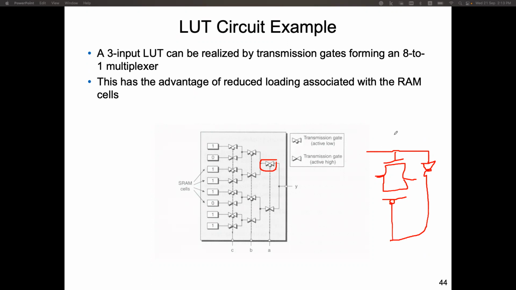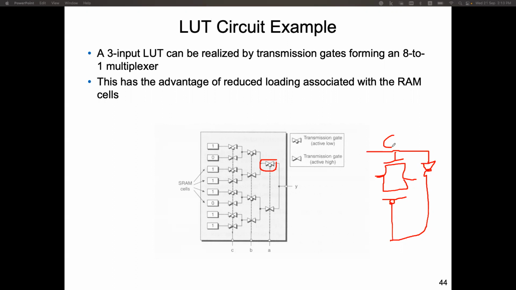So if the control signal is high, then this path turns on. If the control signal is low, the path turns off. We need a PMOS in order to have rail-to-rail signal swing, the wide swing of the signal.